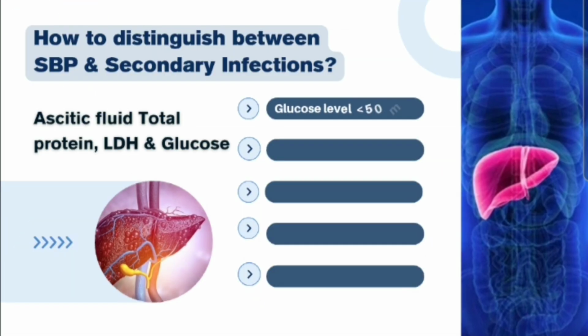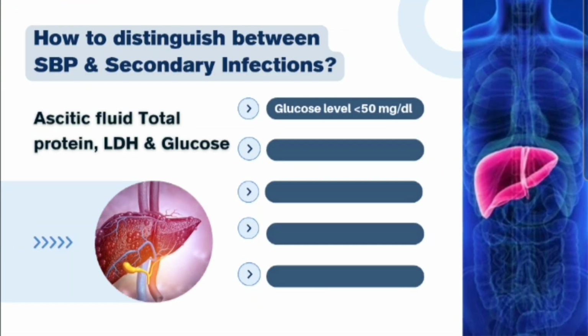So, how to distinguish between SBP and secondary infections? Ascitic fluid total protein, LDH, and glucose are useful in differentiating between SBP and secondary infections.